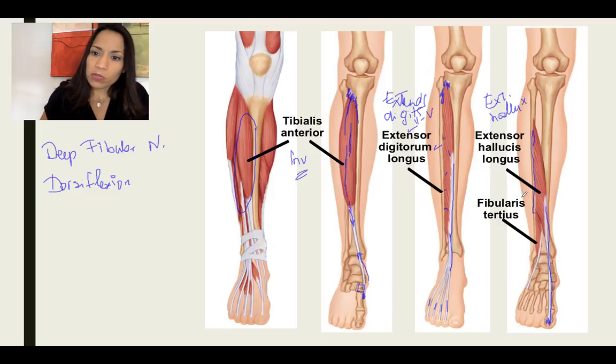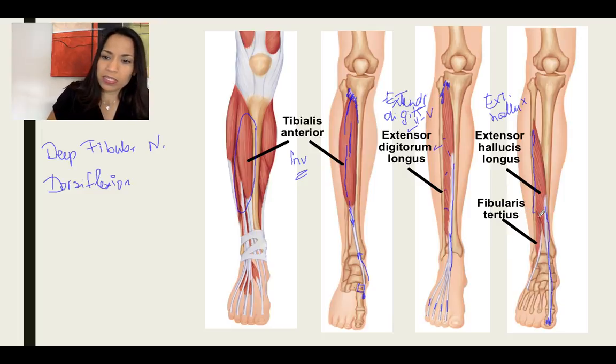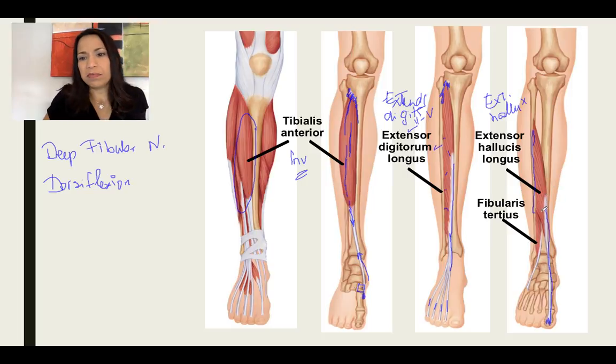The fourth muscle is the fibularis tertius. Fibularis, because it's on the same side of the fibula, is a really tiny muscle. Originates on the lateral side and anterolateral side of the fibula. And look at the tendon. It runs anterior to the ankle and inserts on the fifth metatarsal.